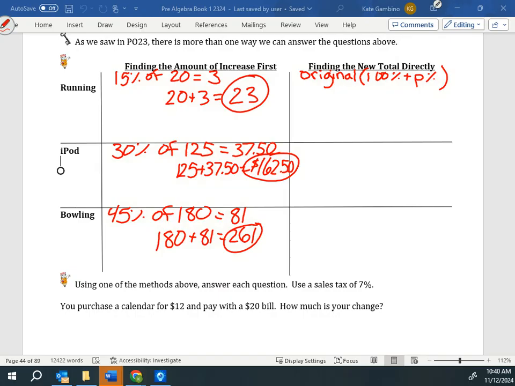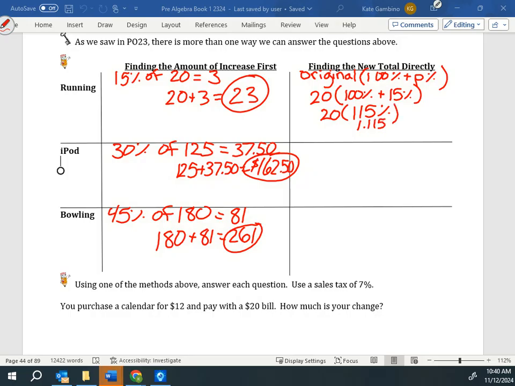So what that looks like, our original number for the running was 20 miles. Then we have 100% plus our 15% increase. So that would be 20 times 115%. What do we put in our calculator instead of 115%? What decimal would we do, Graham? 1.15.